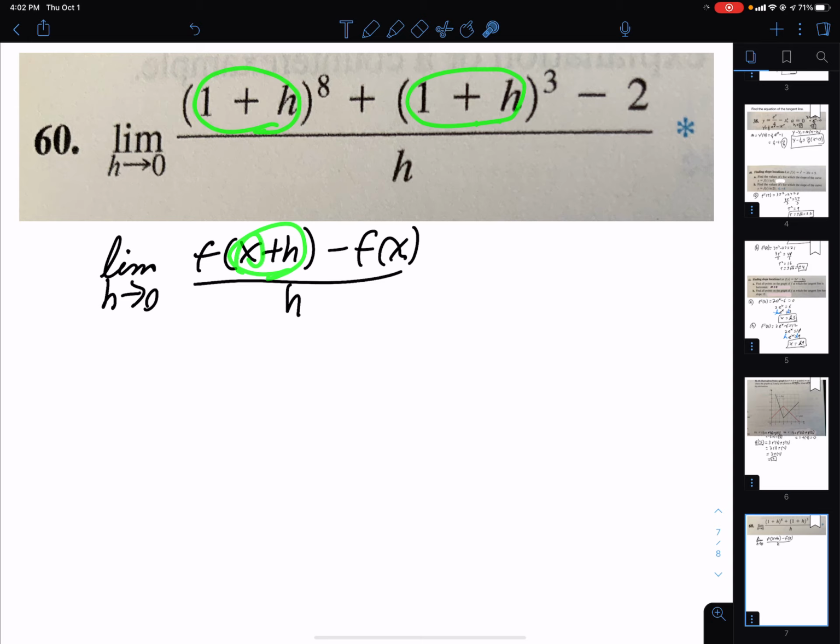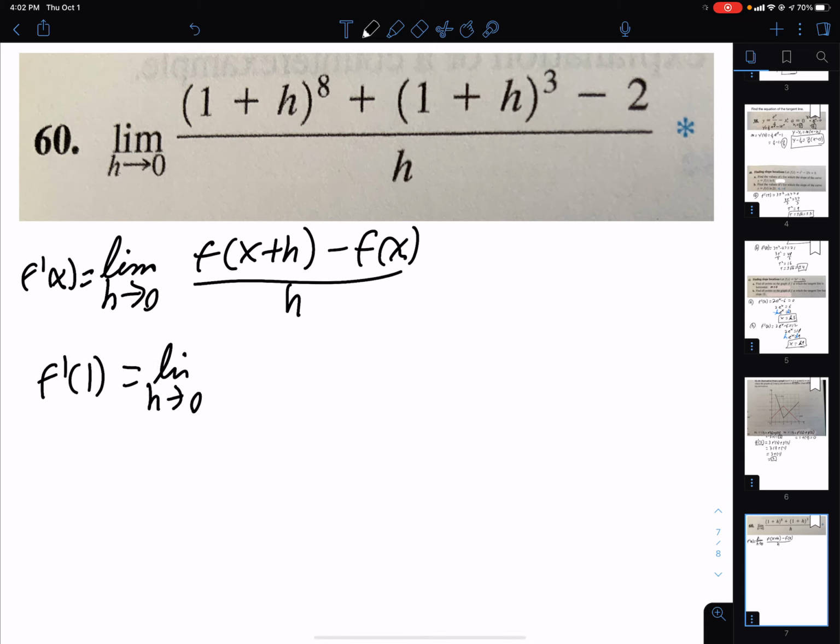So my x is 1. So what's happening, this is f prime of x, this is finding the derivative at 1. So I'm going to change this. F prime of 1 is now the limit as h approaches 0 of f of 1 plus h minus f of x over h.